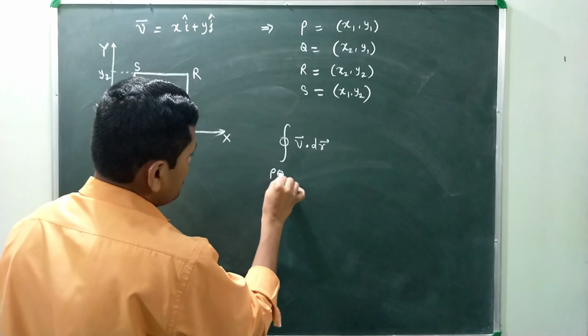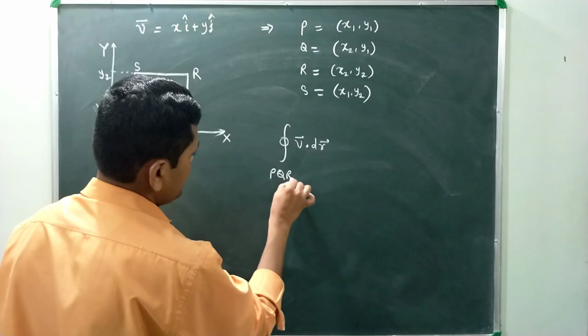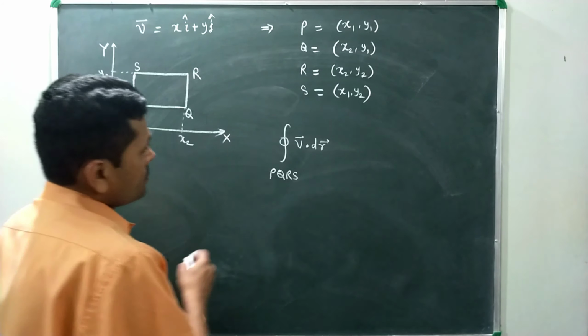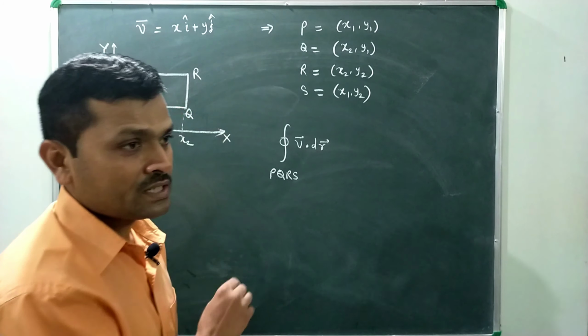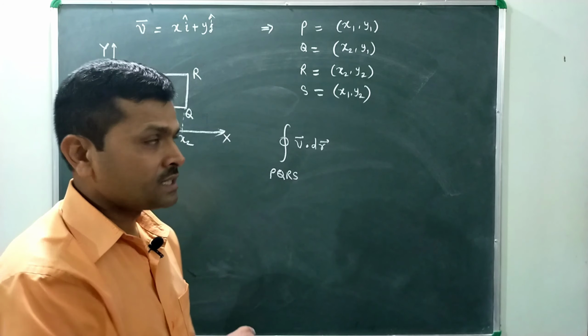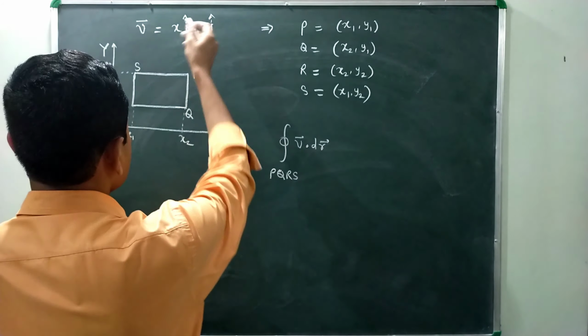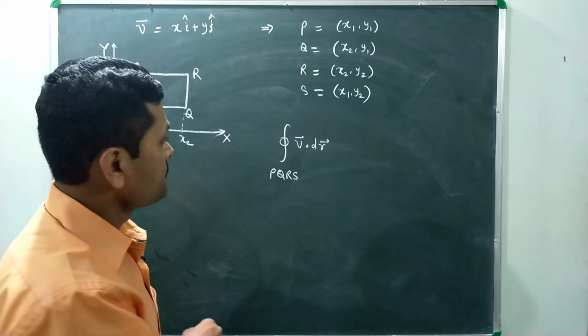So this line integral along PQRS. If this integral vanishes, means if this integral is equal to 0, then we say that the given vector field V is a conservative vector field.